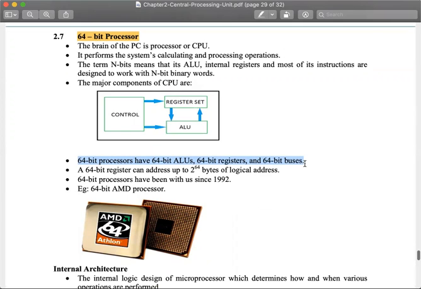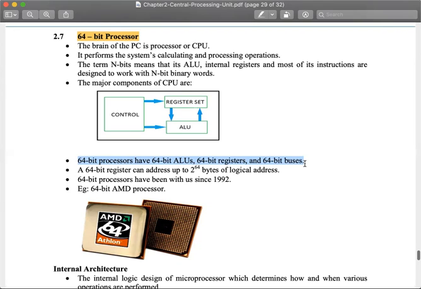That means it will have a 64 bit ALU, so the ALU's bit number will also be 64 bit. There will be 64 bit registers and 64 bit buses. Everything in this 64 bit processor will be allocated 64 bit.